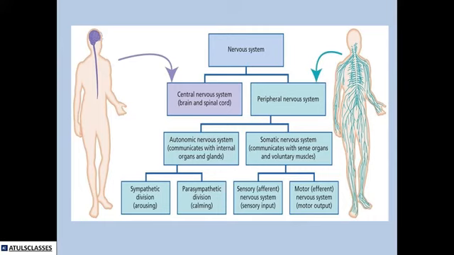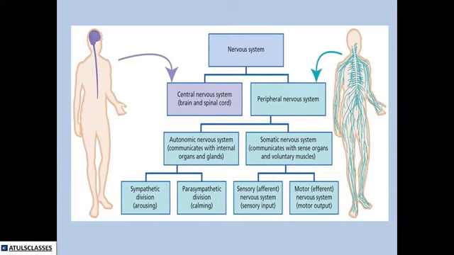If we categorize the human nervous system into different parts, we come to the conclusion that the nervous system in a human being is made up of the central nervous system and the peripheral nervous system.